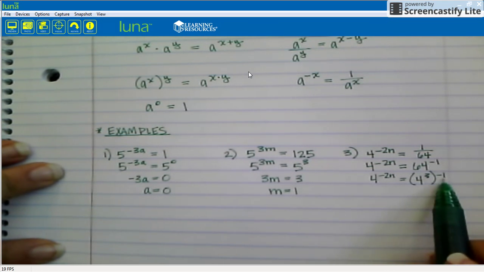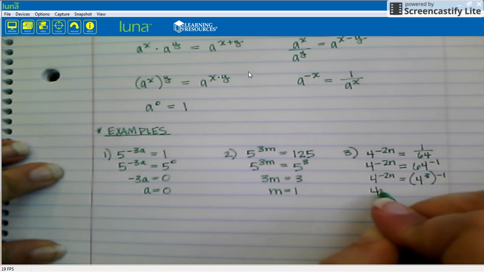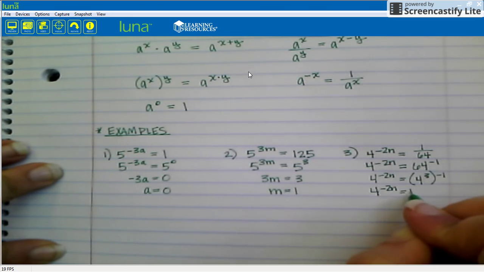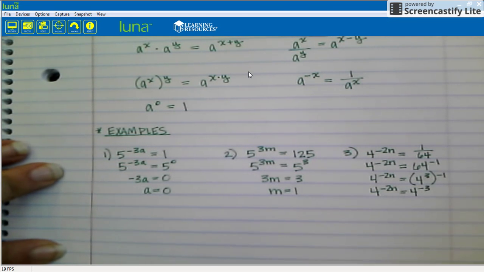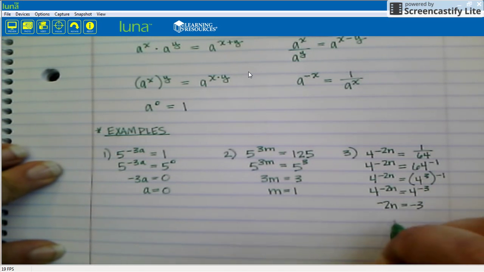So since I'm raising a power to a power, I'm going to need to multiply those exponents together. So this is 4 to the negative 2n equals 4 to the negative 3. And so now that I have two powers equal to each other with the same base, then my exponents are equal, and I solve for the variable.